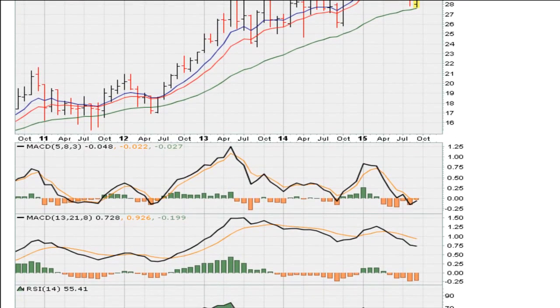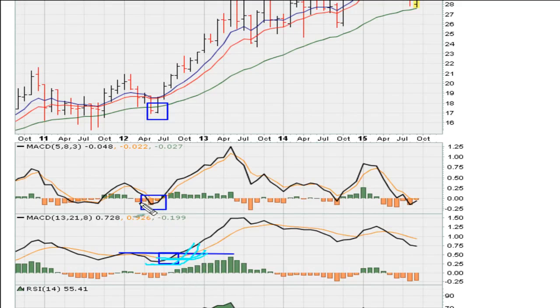Now I just want to couple this with the fact that if you take a look at this uniform activity here, this bounce, which was this level here, it also corresponds eventually with the crossover of the MACD. This crossover of the MACD was taking place above zero, and we know that crossovers above zero are more meaningful and more actionable.